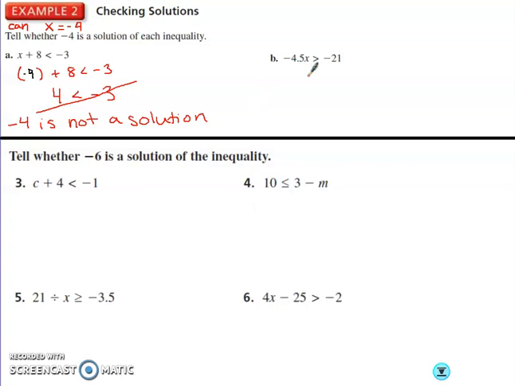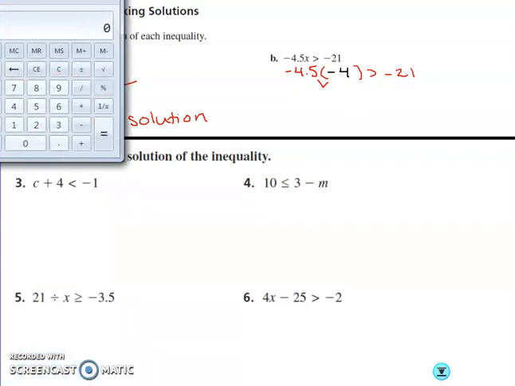B. I rewrite my inequality, negative 4.5 times x is greater than negative 21. I left a blank where x is, and now I'm going to put in the value that we're testing, which is negative 4. I go ahead and multiply negative 4.5 times negative 4.